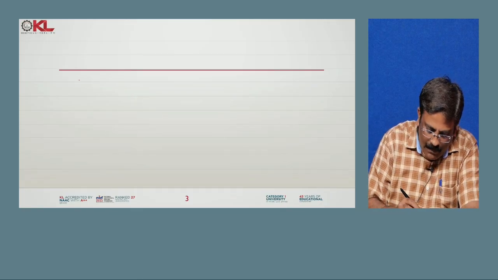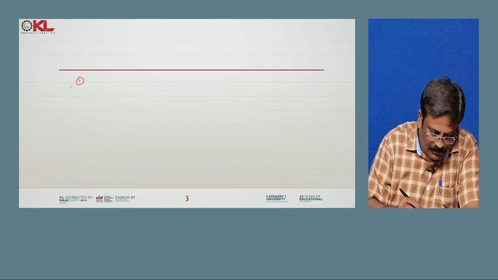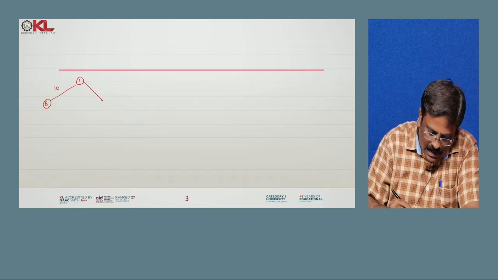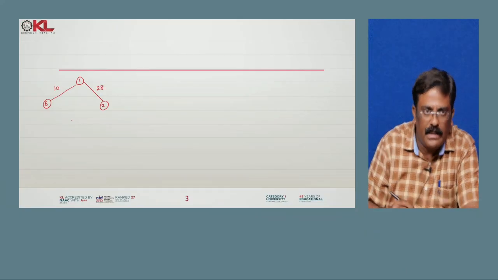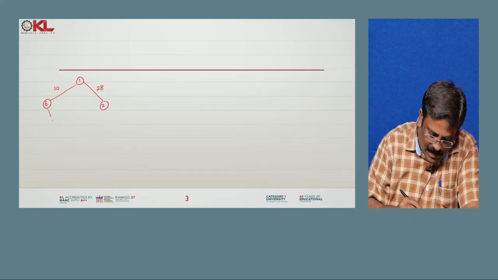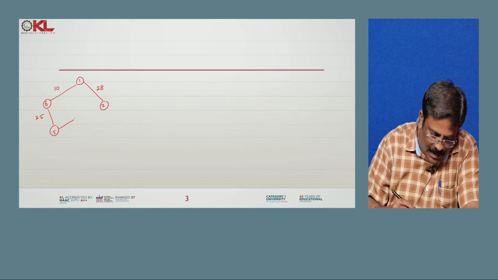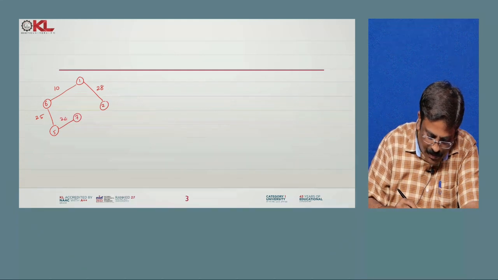Let me take an example graph. Here, for example, one edge to node 6 has a weight of 10, the edge to the second node has a weight of 28, and to node 5 a weight of 25. Here I have a weight of 7, and let's assume this one is 24. Then here, 2, we can assume that this is 14.